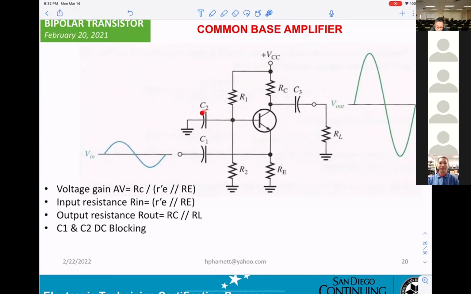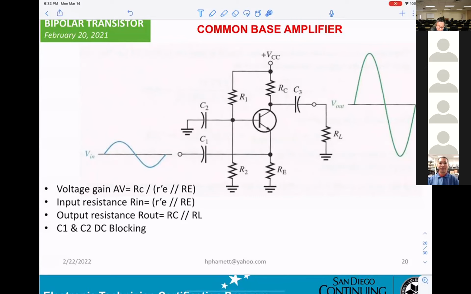The thing is, this guy is the output. However, when you apply AC, this will be shorted. They will be connected collector to the ground. So that's why they get a common collector. And if you calculate the gain, it will be RC divided by R prime E parallel R big E.